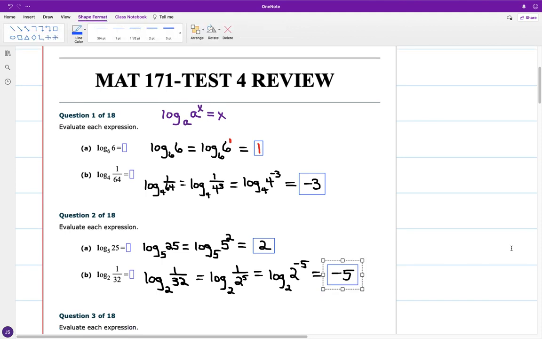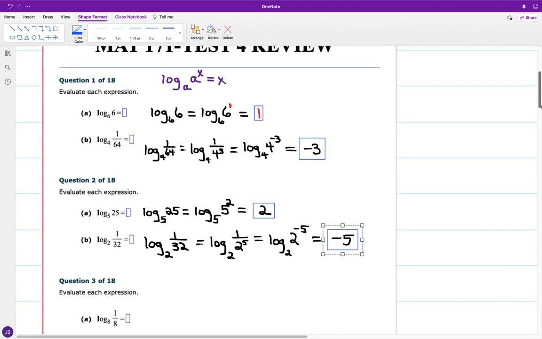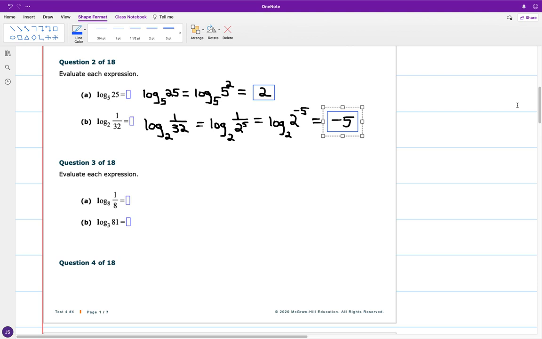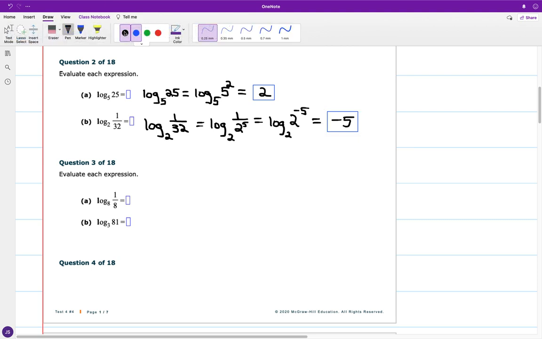Now, looking at the next set of items, again we have expressions to evaluate. We have the base 8 logarithm of 1/8, which is like the base 8 logarithm of 1 over 8 to the first.